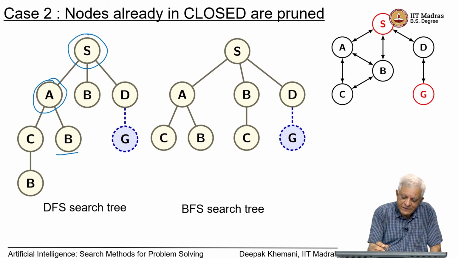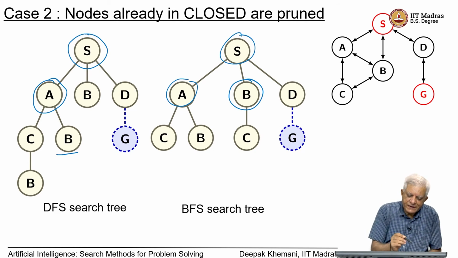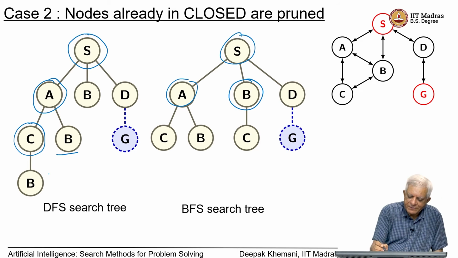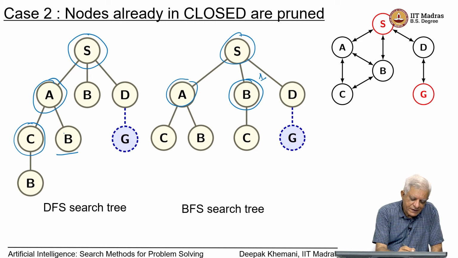Likewise, breadth first search will also start with S, then it will go to A, generate the children, keep C and B, then it will go to B. Now, when depth first search inspected B for the first time, it had already added C to closed.